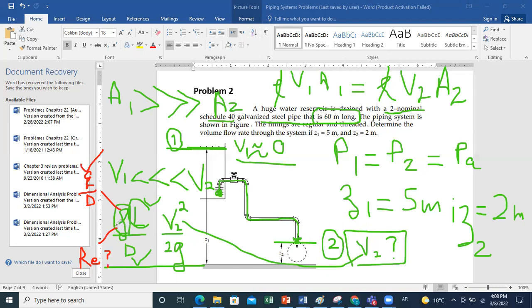So I don't know f, I don't know Reynolds, since Reynolds is directly related to velocity. So I should perform an iteration procedure to get my friction factor. Now, this is not the only challenge. I have also minor losses. Let us see together what the sources of minor losses in this problem are.